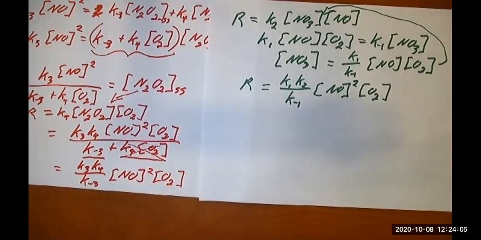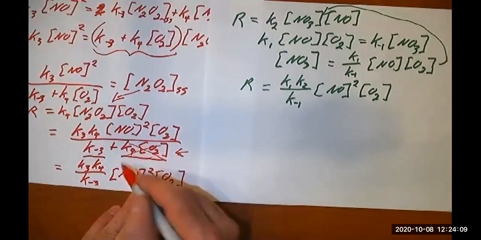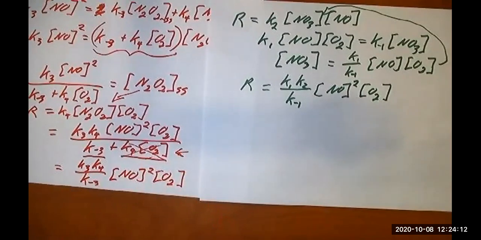I'm going to give you a hint. It has something to do with this part right here where we said this bit was negligible. How fast the reaction occurs, like overall?